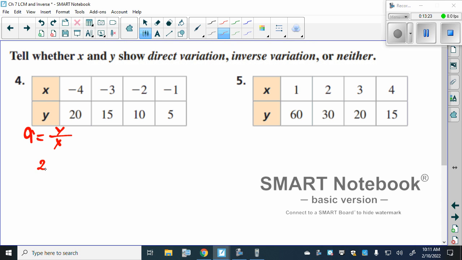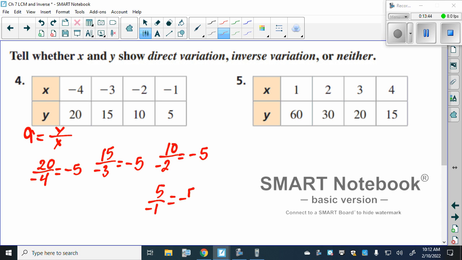So here we'll have 20 over negative 4, which would be negative 5. Then we can have 15 over negative 3, which is negative 5. 10 over negative 2 is, and lastly, 5 over negative 1.